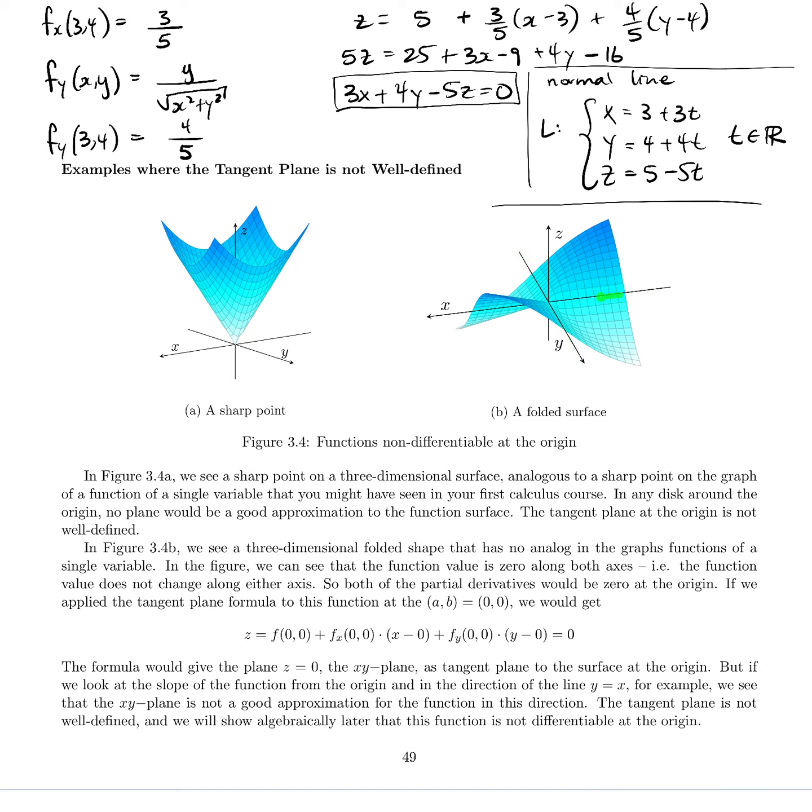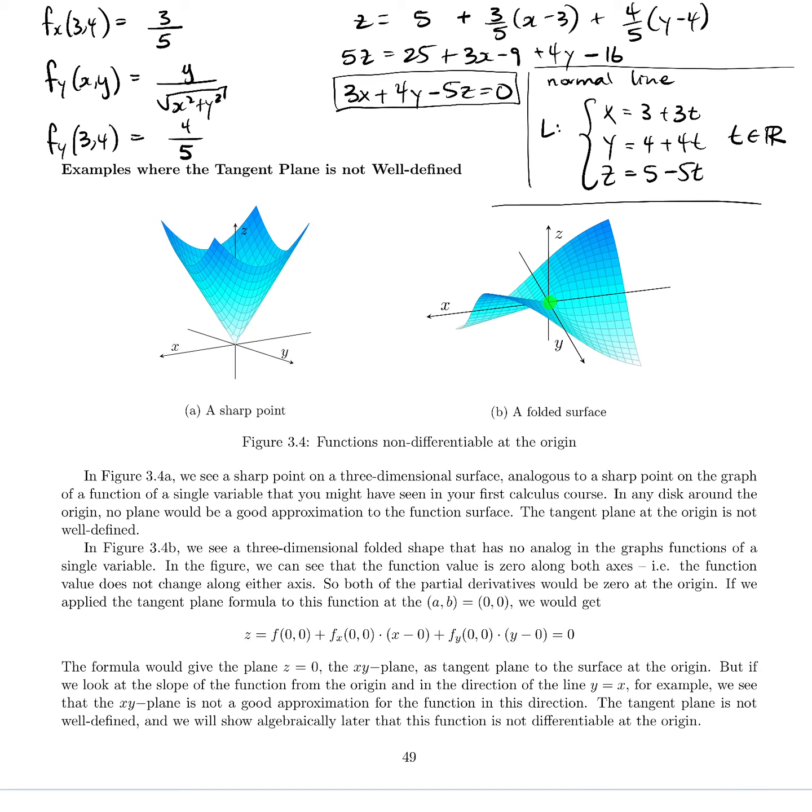So along each of the axes, in the direction of that same axis, the function value does not change. So if we start at the origin, the instantaneous rate of change in the x direction would be 0. And from the origin again in the y direction, the instantaneous rate of change would be 0. So both partial derivatives would be 0 at the origin.